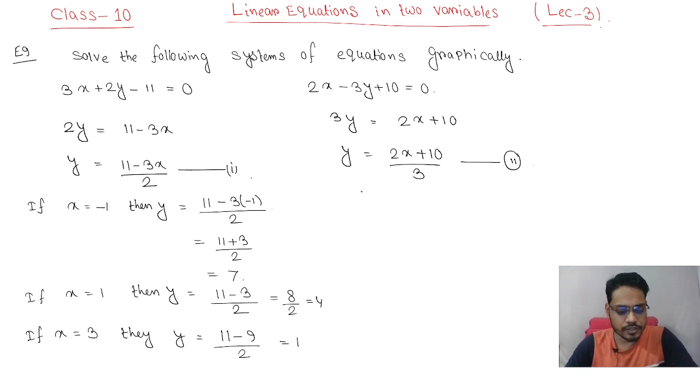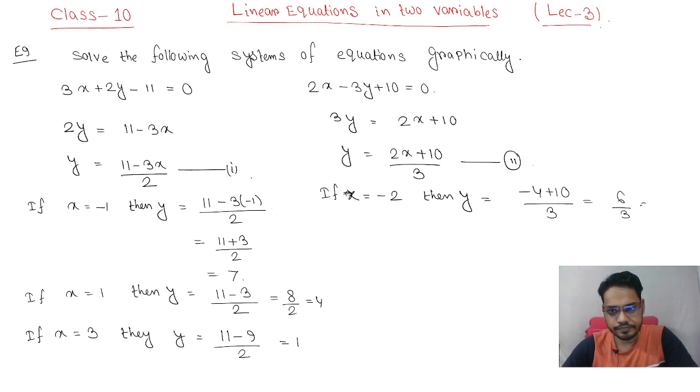In the second equation, if x is equal to minus 2, then y will be equal to (2 into minus 2, that is minus 4, plus 10) by 3. So 6 by 3, that is 2.